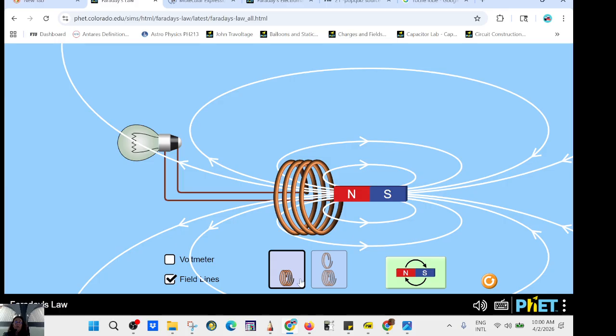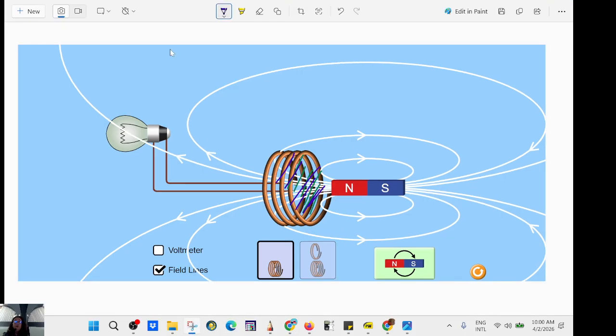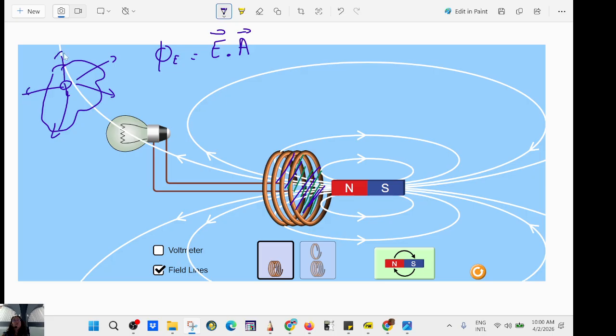From Gauss' law, remember we have the electric flux, that was E dot the area. We were interested in an invisible closed area, and we were looking at the number of lines poking through this area. Otherwise you have to do an integral.